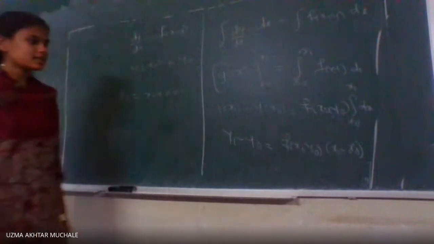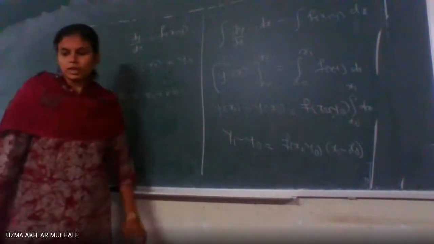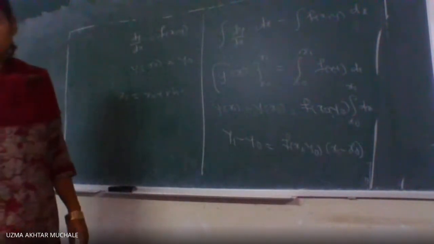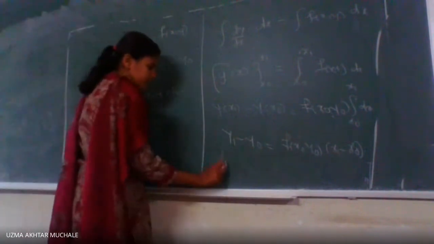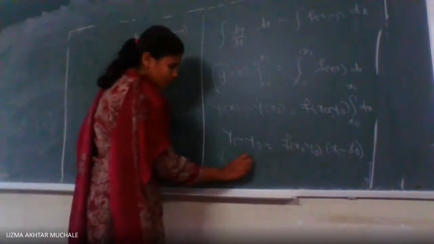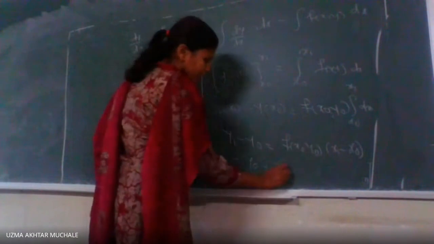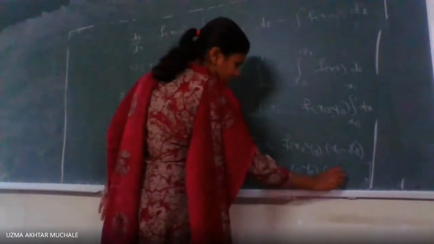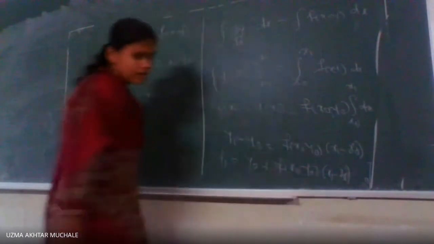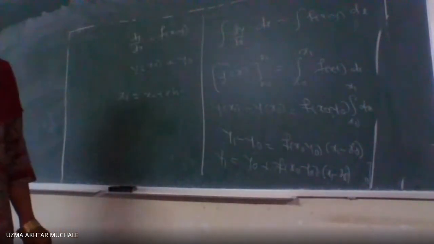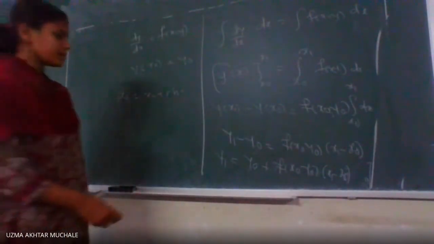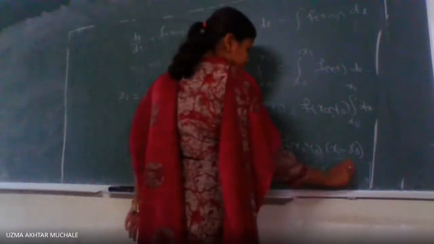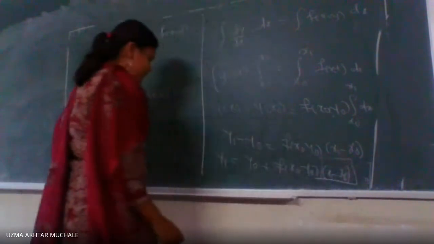The integration of dx is x within the limit x naught to x1. So what I get is the formula y1 equal to y naught plus f of x naught, y naught, in the bracket x1 minus x naught. What is the value of x1 minus x naught? The difference between these two is nothing but h.